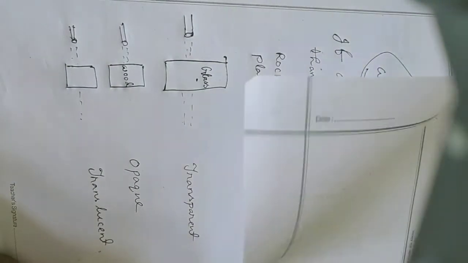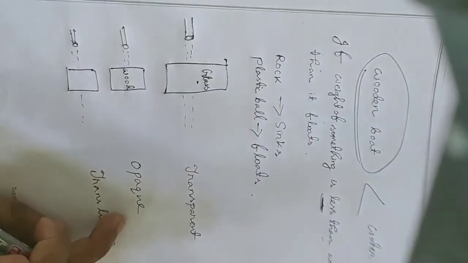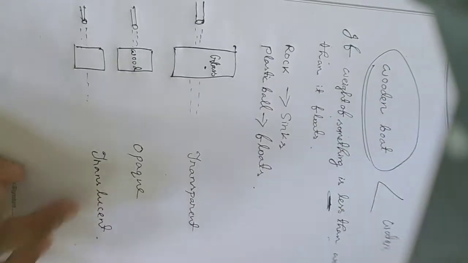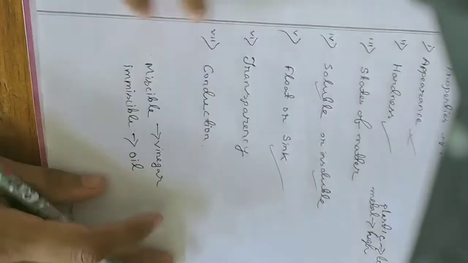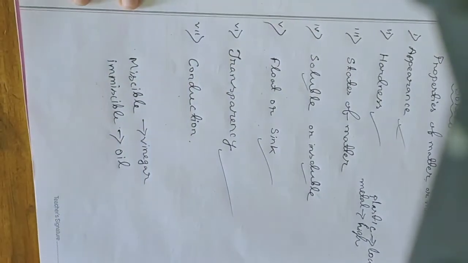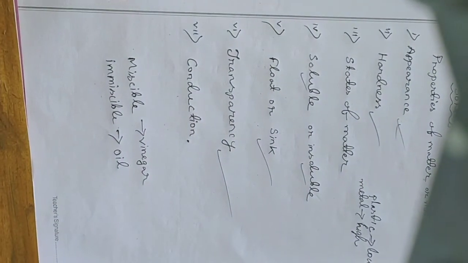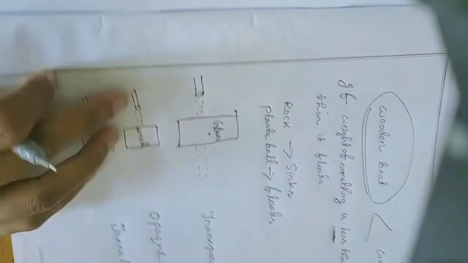Okay, so transparent, opaque, translucent. Light completely passes, light does not pass at all, light half passes. So this is another property of materials. Then conduction. Conduction is, there are some materials through which heat passes or electricity passes.